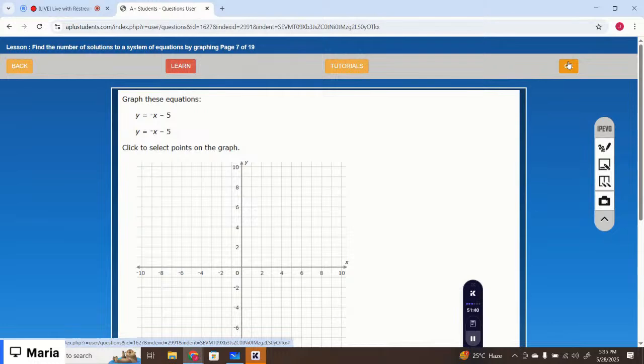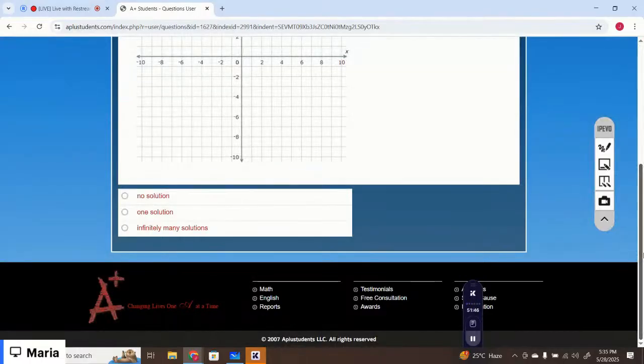Graph these equations: y equals negative x minus 5 and y equals negative x minus 5. They have infinitely many solutions.